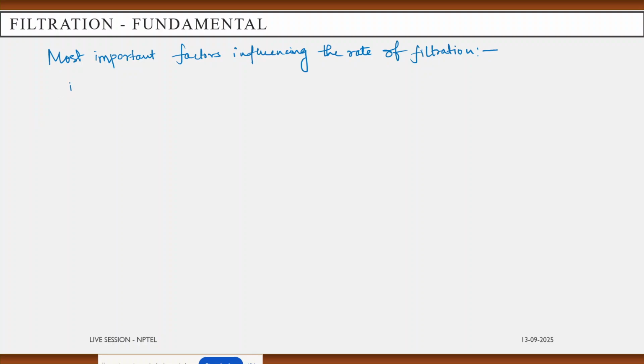The first one that is very important to understand is the pressure drop, the pressure drop from the feed side to the far side of the filter medium.